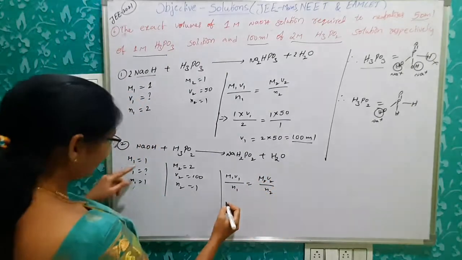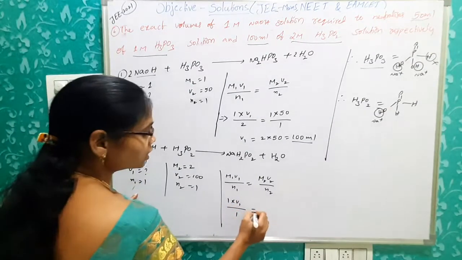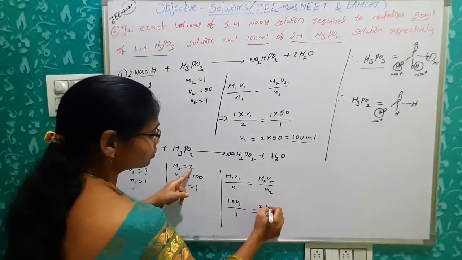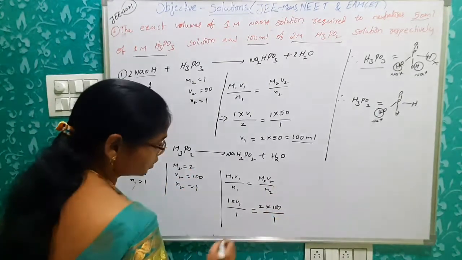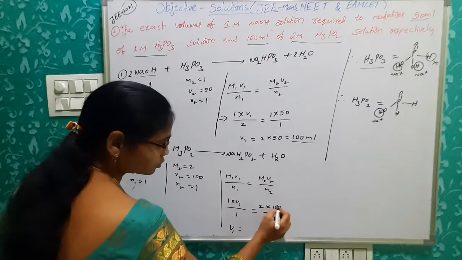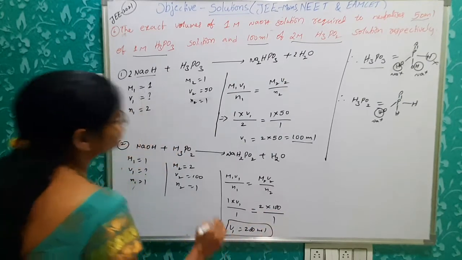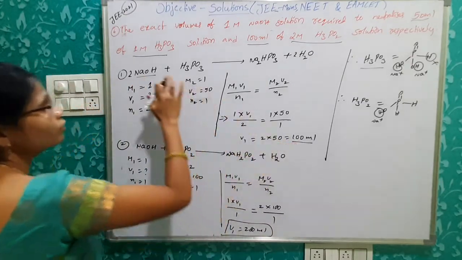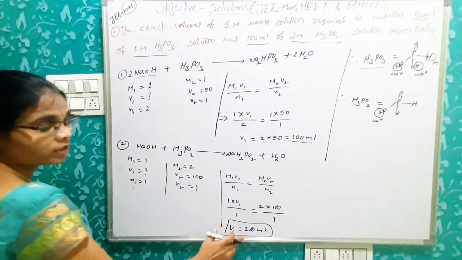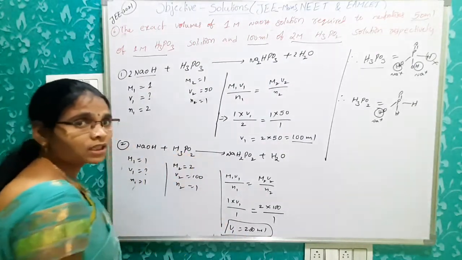M1 1, V1 we have to calculate, N1 again 1, that is equals to M2 2, V2 100, N2 1. So then V1 is equals to 2 into 100, 200 ml. Okay. So for this first reaction we need 100 ml of NaOH. For second reaction we need to take 200 ml of NaOH for completing the reactions.